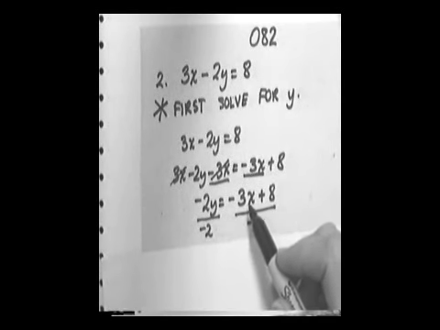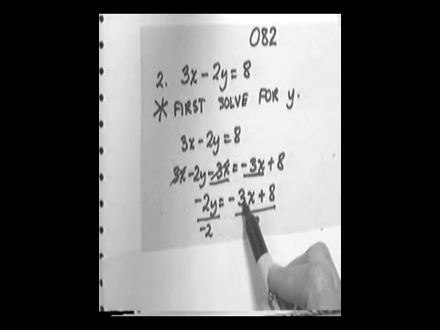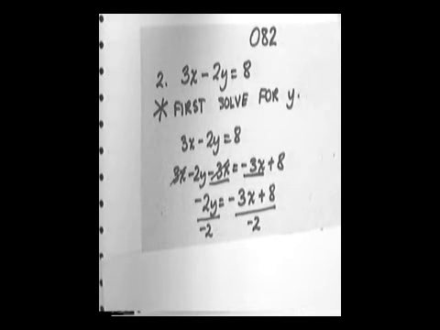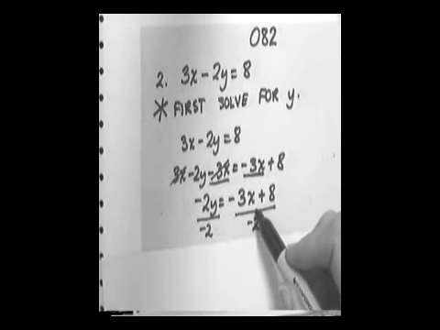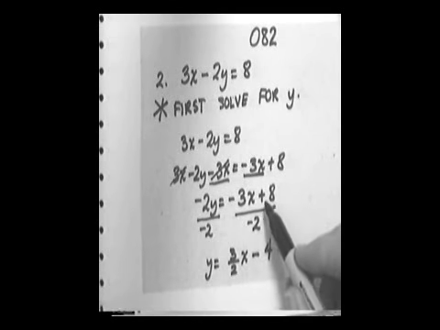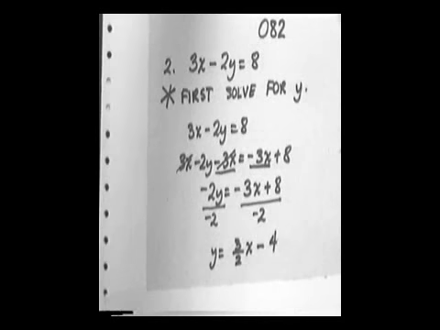On the right, negative 3x is divided by negative 2, and 8 is divided by negative 2. So this gives me negative 3x over negative 2, which is 3/2 x, plus 8 divided by negative 2, which is negative 4. And so we have y equals 3/2 x subtract 4.